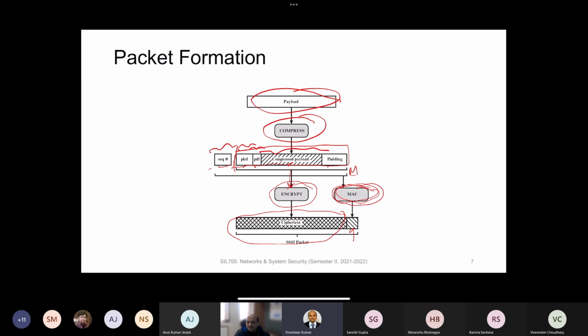Anyone else would like to add something? The sequence number doesn't provide any actual information regarding the message getting transferred, so there is no need for the overhead of encrypting it. I think the reason why we need authentication is that if someone changed it, it can mess up the whole packet. That's also correct.